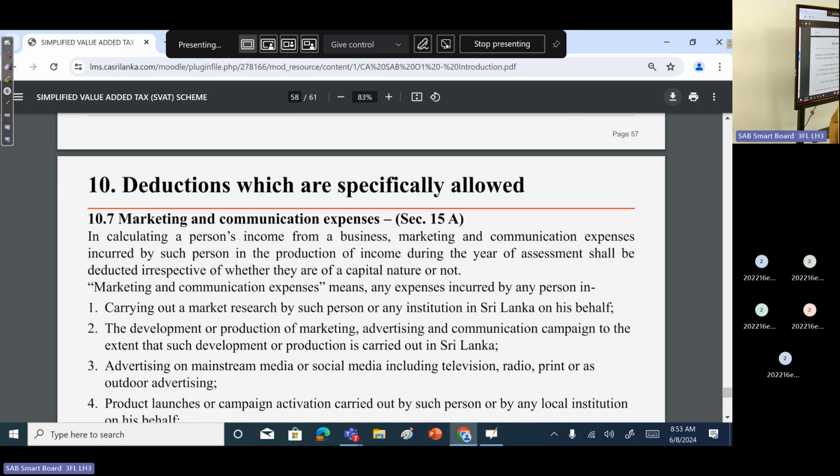So, marketing and communication expenses means, it says means. You know that in taxation, when we interpret something, there are two types of interpretation, inclusive and exclusive. But this says means, exclusively these things. Inclusive interpretation says 1, 2, 3, 4. That's all. Includes means it gives some area which you can put into that particular area.